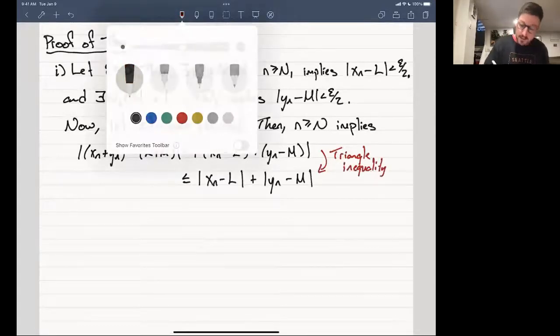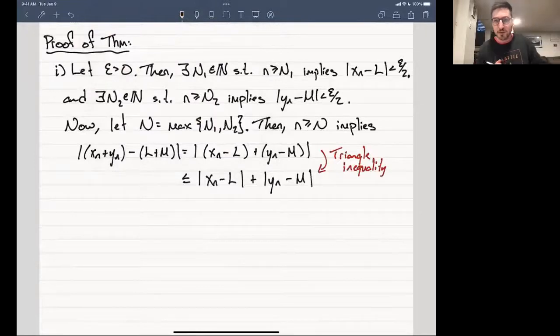You will be able to anticipate when it's coming when you see epsilon over 2s. I can guarantee you that. If you get nothing else out of these, that will be the thing that sticks with you. And here we get that xn minus L is less than epsilon over 2 when n is greater than or equal to n1. Similarly, yn minus m is less than epsilon over 2 when n is greater than or equal to n2.